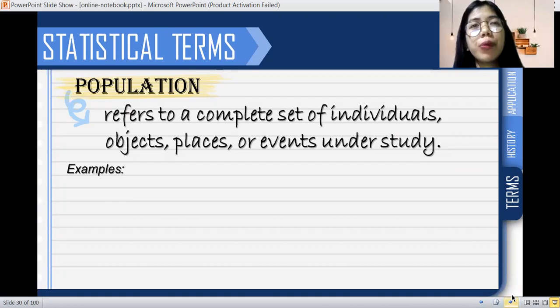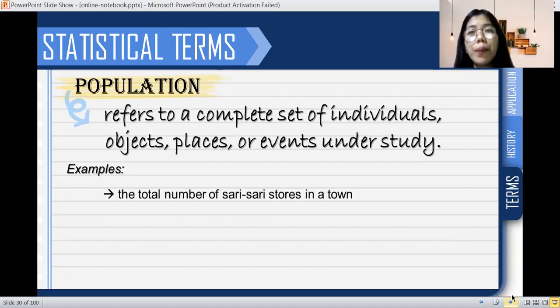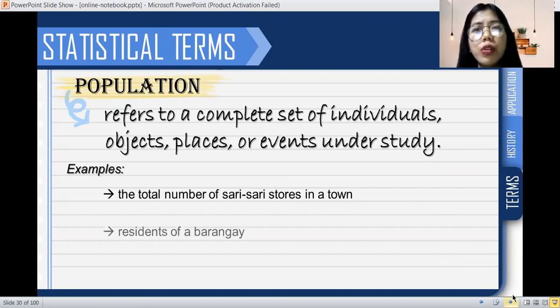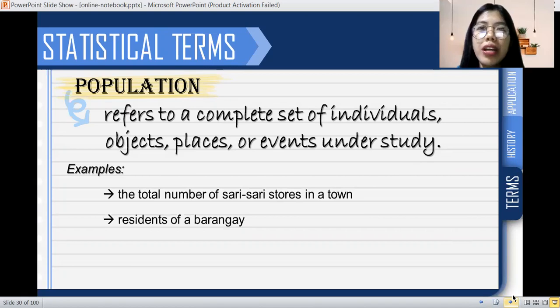So, ang example po natin dito, the total number of sari-sari stores in town. So, complete po siya. We also have the residents of a barangay. Ilang residente ba ang meron sa isang barangay? Yan po ay tinatawag natin na population dahil lahat po kabilang dyan.